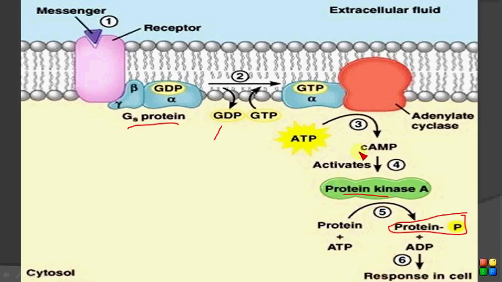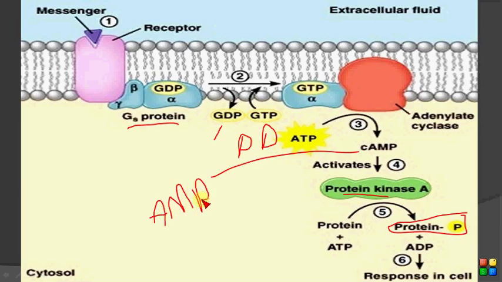And how does the response die out? This cyclic cAMP is degraded by the enzyme phosphodiesterase, which converts it into AMP, and when it gets converted to AMP, its response dies out.